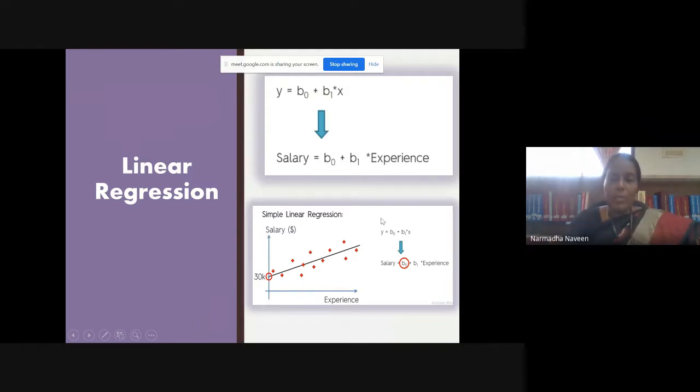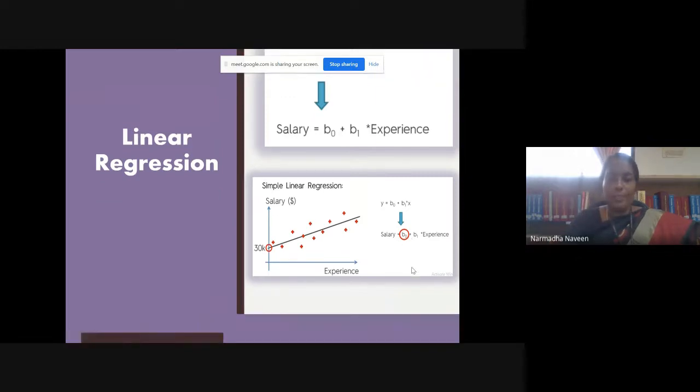The same, when you give it in the form of an equation, is y = b0 + b1 * x. What does x represent? x represents the input variable, or you can call it the independent variable, that is the number of years of experience. And y is the salary earned by the person.